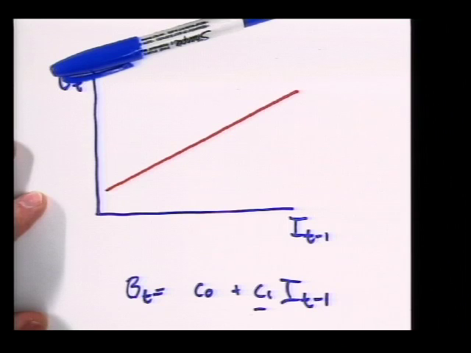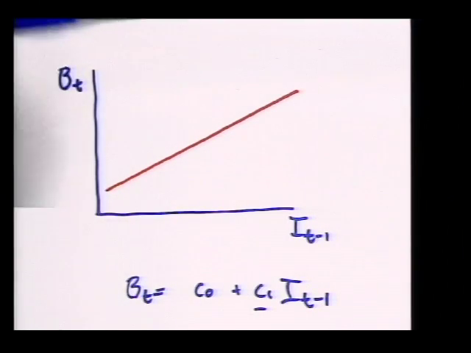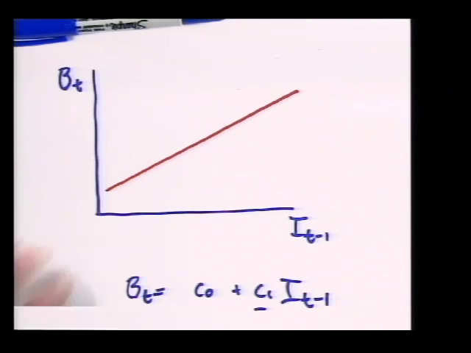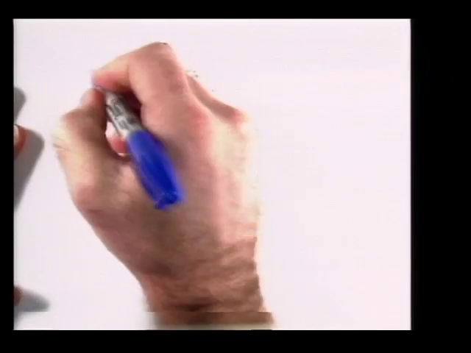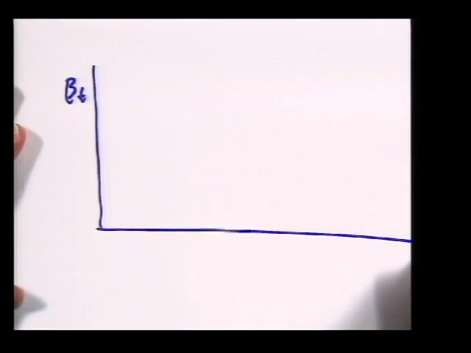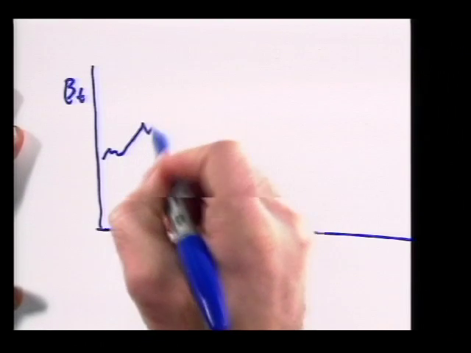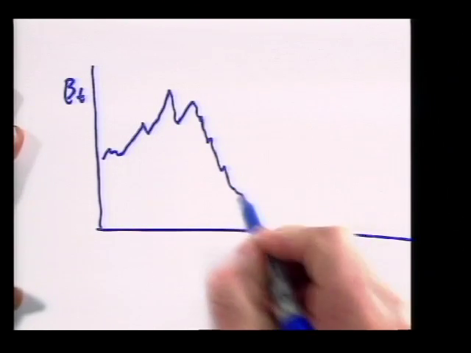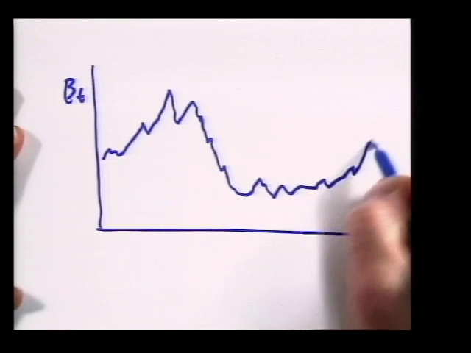Everybody see that? And just to be clear as to what I'm talking about, we could also graph beta through time. So we could graph beta_t through time, and that's going to be a different type of graph. It's going to be a time series graph. It might look something like this.